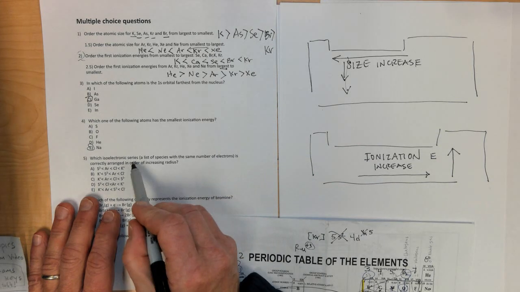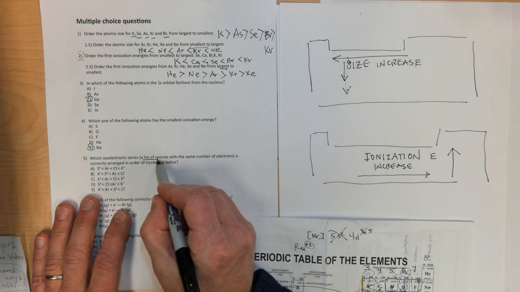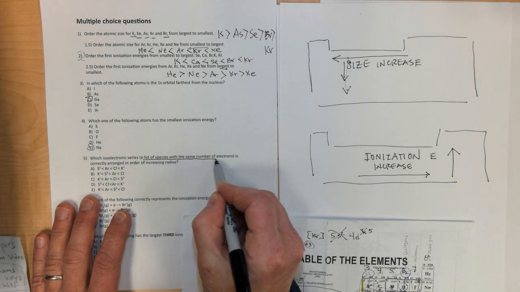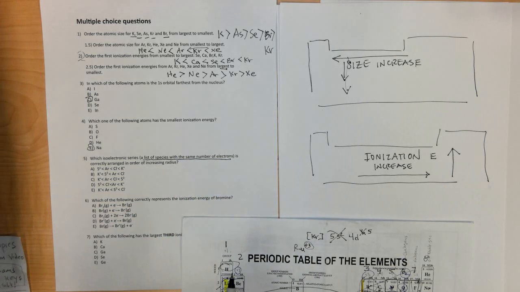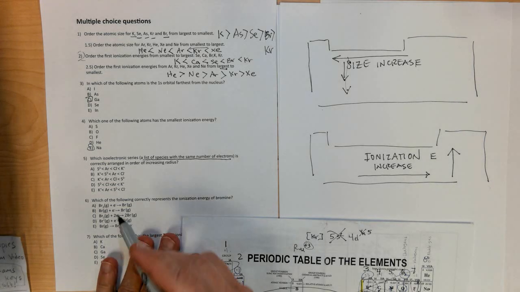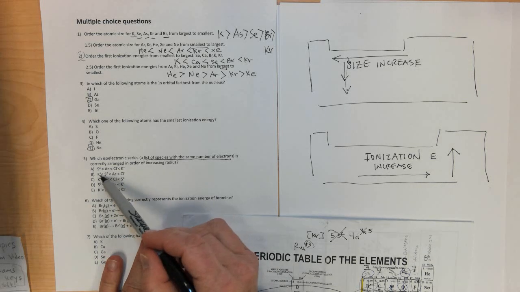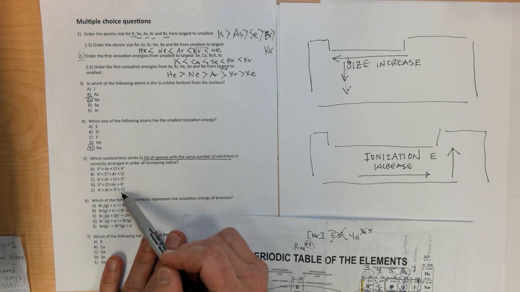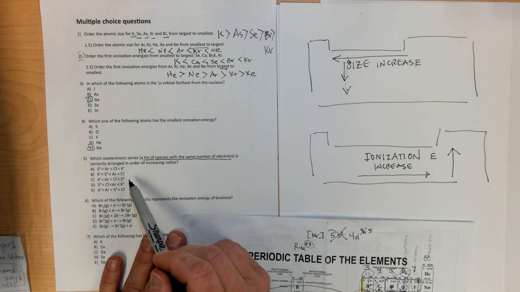Which isoelectronic series, that's a list of species with the same number of electrons, is correctly arranged in the order of increasing radius? So the first thing to notice is that all the atoms are the same in each one. It's just that they're in different orders.